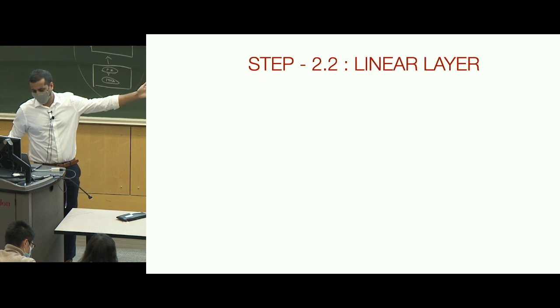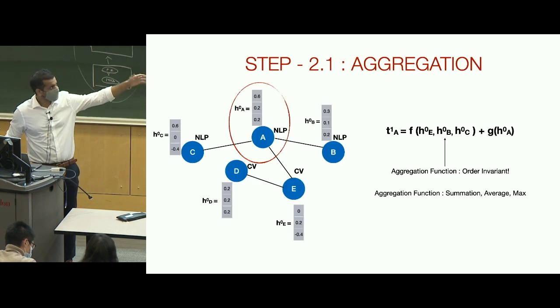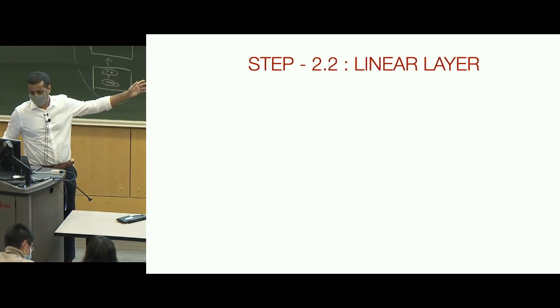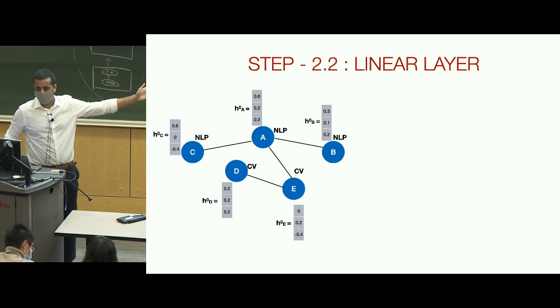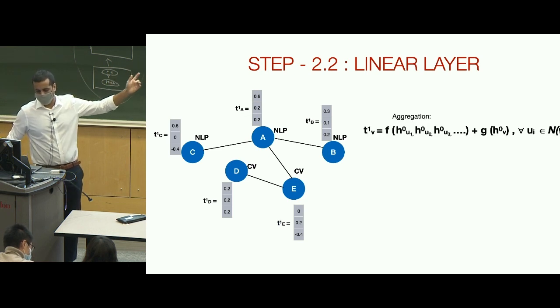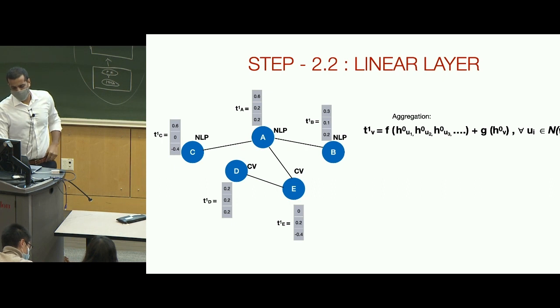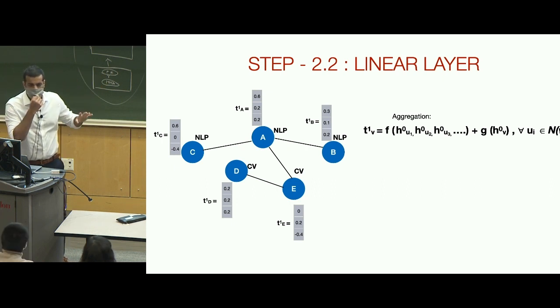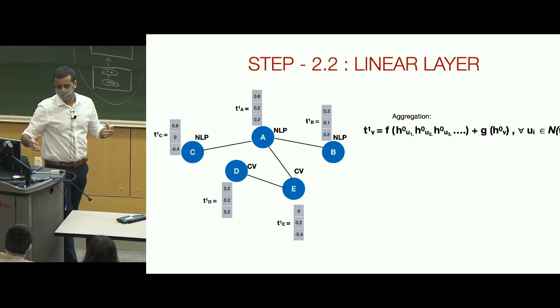And that's how we do aggregation for all of them. So we do it for all of the nodes, and then we pass the aggregated vector. So now these are temporary representations of the previous hidden nodes, but now they have the context of their neighbors.